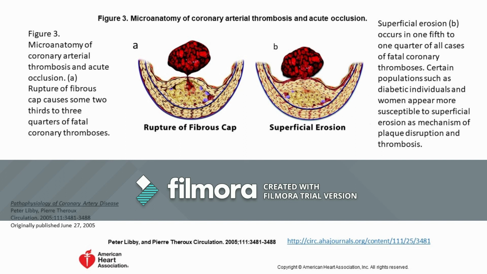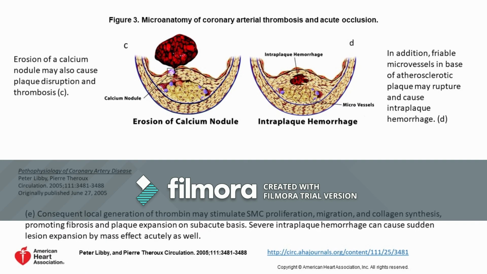And in B on the right, you see a superficial erosion. A superficial erosion occurs in one-fifth to one-quarter of all cases of fatal coronary thrombosis. Certain populations, such as diabetic individuals and women, appear more susceptible. Figure 3. Microanatomy of coronary arterial thrombosis and acute occlusion.